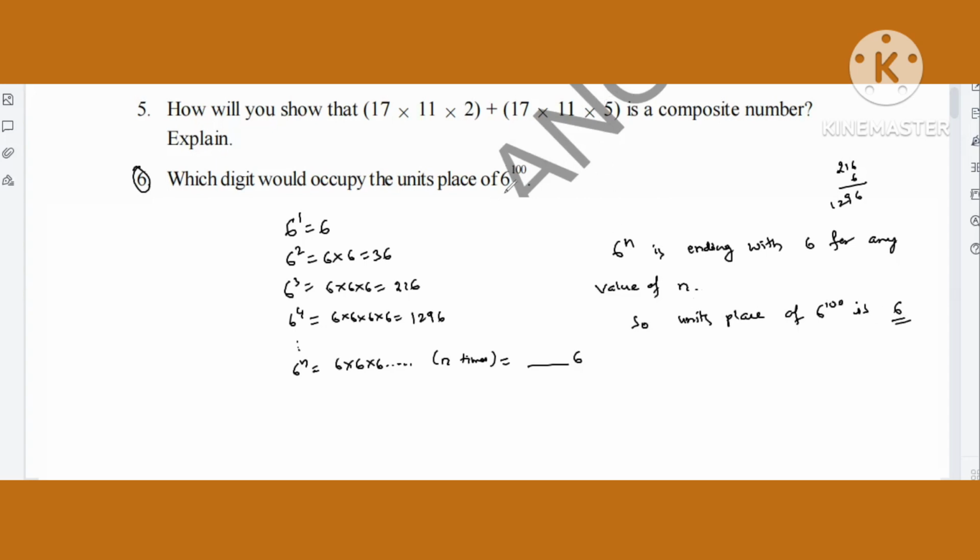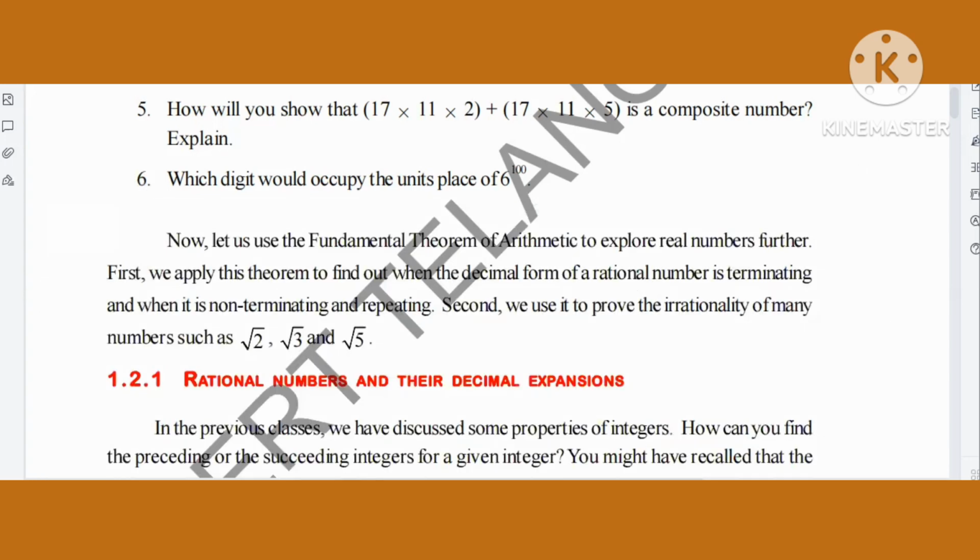If the same question is given for 5, for example 5 power 100 or 5 power 1000, you know that 5 always ends with 5. 5 cube is 125, 5 power 4 is 625. But in some cases, if a different question is given, let me show you one more.